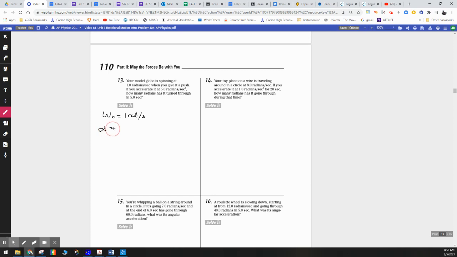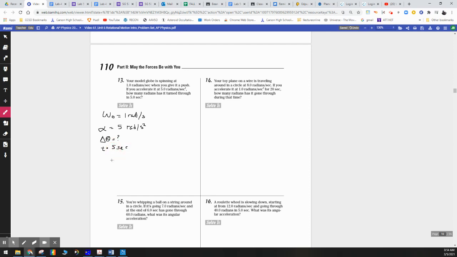Alpha is going to be 5 radians per second squared. Make sure we have our units, and don't forget that. How many radians has it turned? So basically, what's delta theta? How many radians has it turned in 5 seconds? So t is going to be 5 seconds.